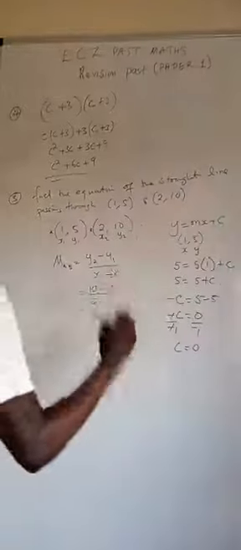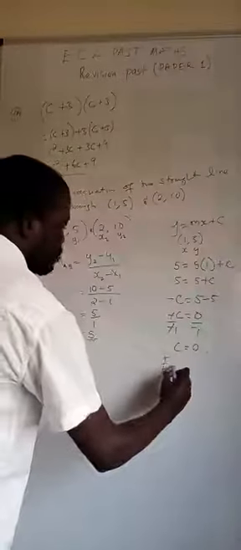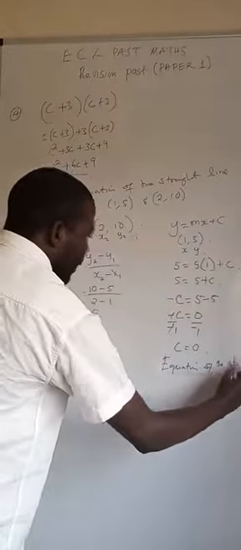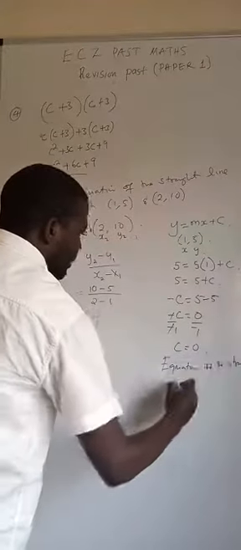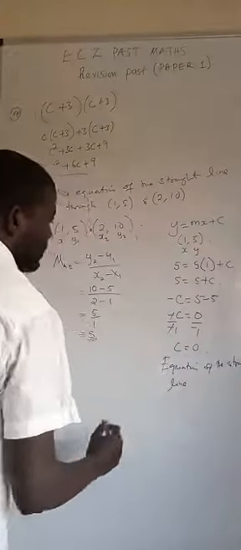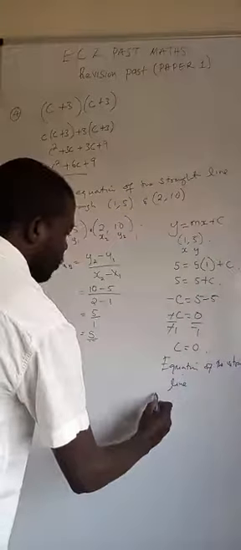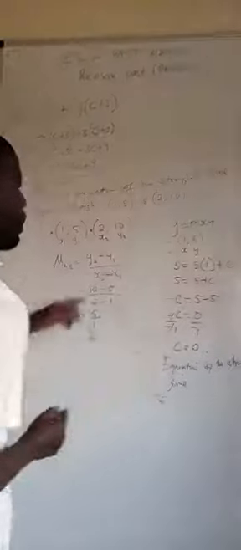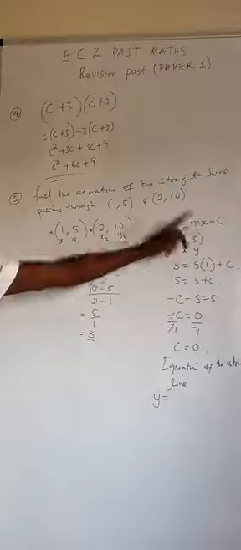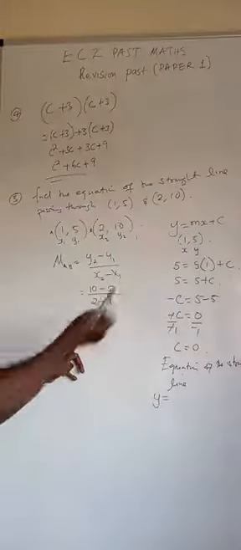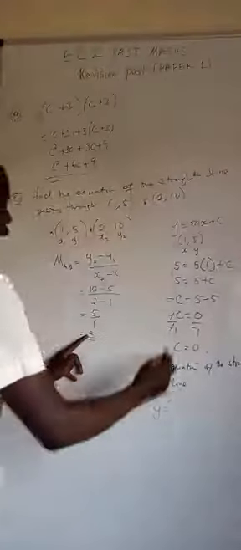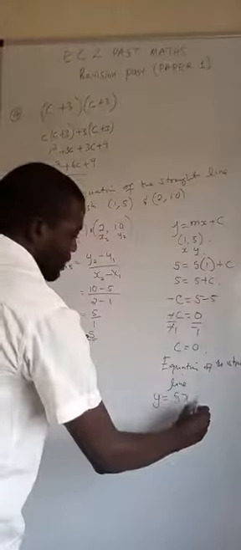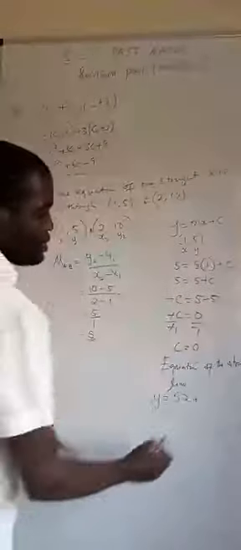So my final equation, the equation of the straight line, will be y is equal to, where there is m, what is my m? My m is 5. So on m, I'll put 5. 5x plus, what is my c? 0.